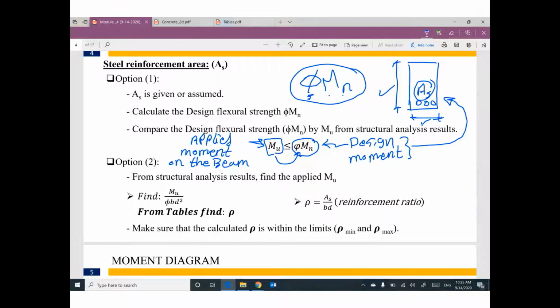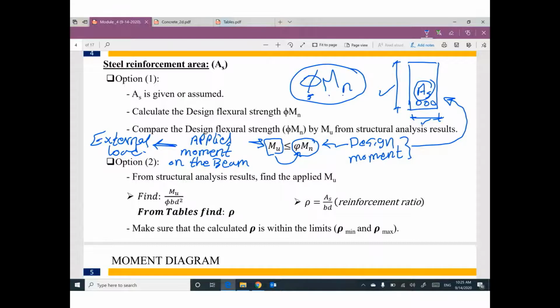This applied moment on the beam from structure analysis comes from the external load, the load on the building. So we have moment from external load, and we have design moment coming from the dimension and cross section and the reinforcement in the cross section. This is the first situation.